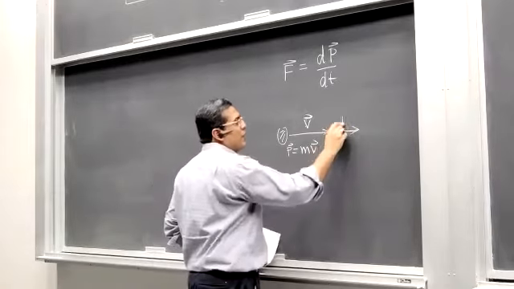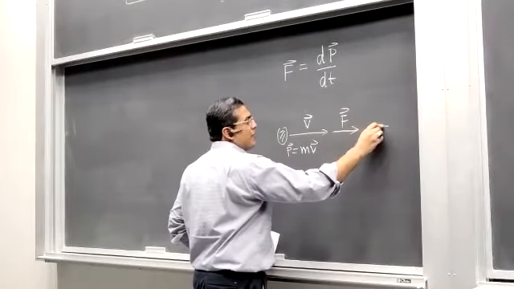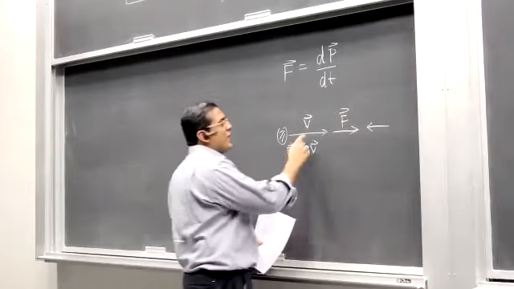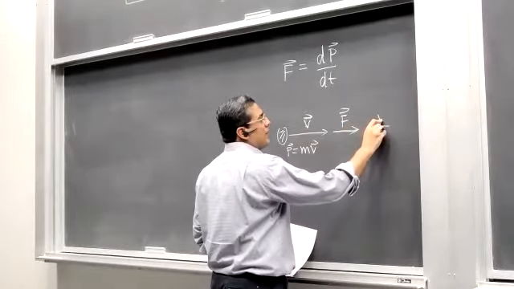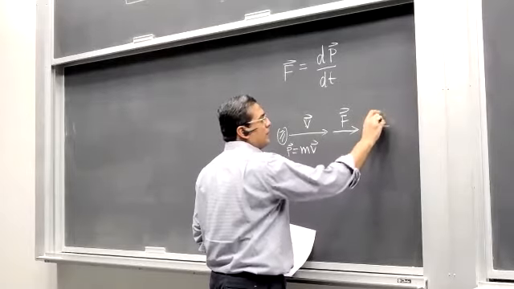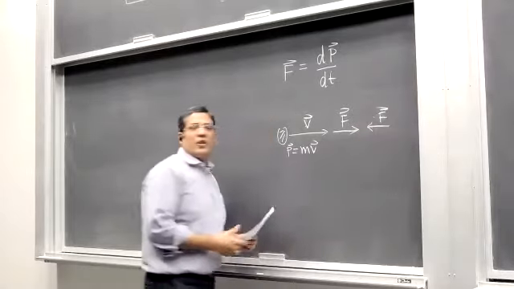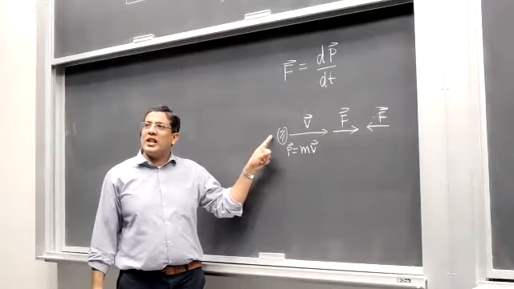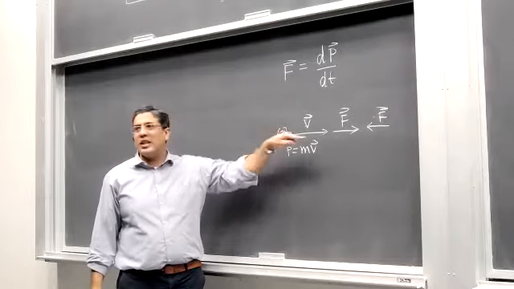We can apply a force opposite to that direction, and we can decrease its velocity, okay? And that would effectively only change the magnitude of the velocity. It does not change the direction.